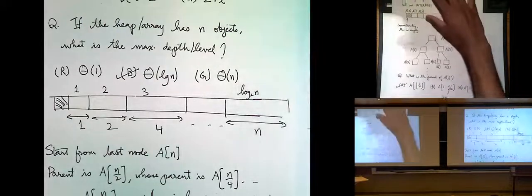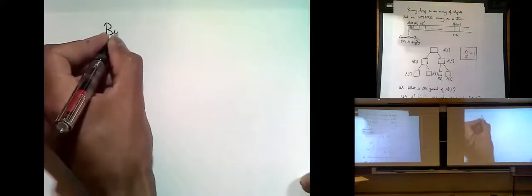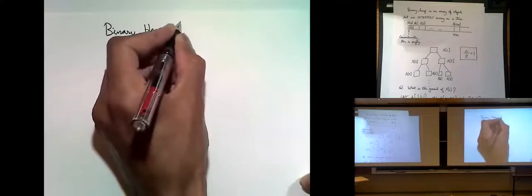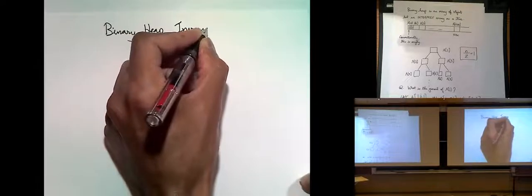Okay, now, so far I haven't said anything about the values in the tree. But now I'm going to impose a constraint on the values, and this is called the binary heap invariant.